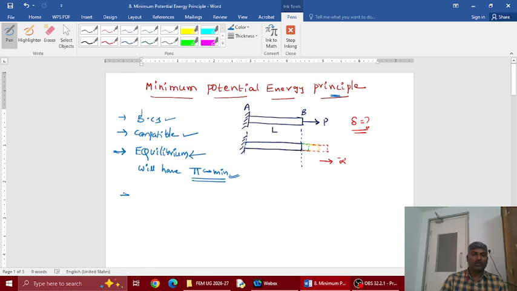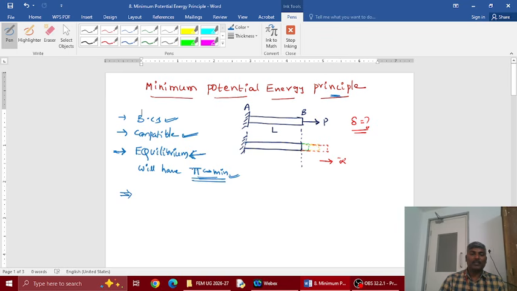Now that you have understood the principle: minimum potential energy principle means for a given problem, for a given structural system, of all configurations which satisfy boundary conditions and compatibility conditions, there will be only one configuration which satisfies equilibrium also, and that will have minimum potential energy.